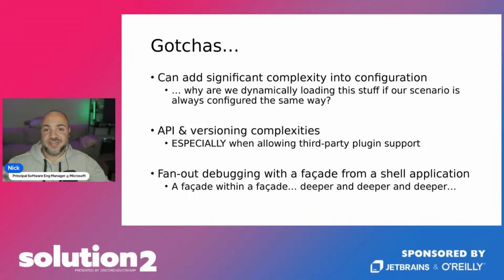Oh, so now the rabbit hole goes deeper and deeper. You can have plugins that have their own plugin systems too. So if you keep this pattern going, it can really start introducing complexity. So something that you need to think about. There are ways to manage this, right? But if you have a facade that can branch out to different things, it's probably a little bit more complex on the debugging.